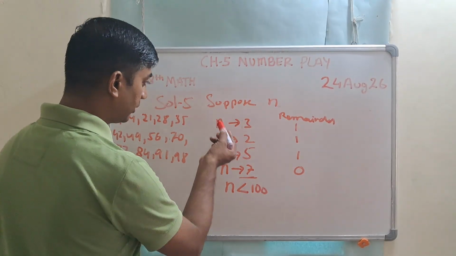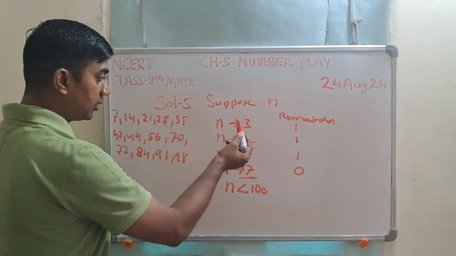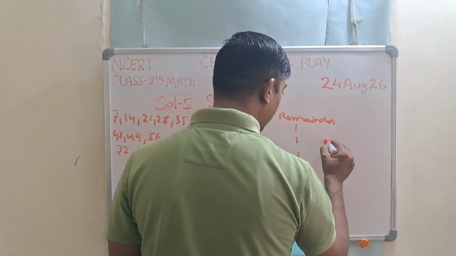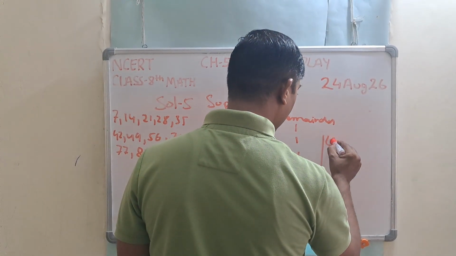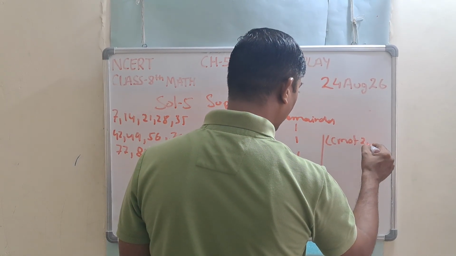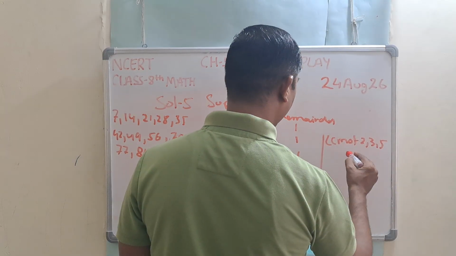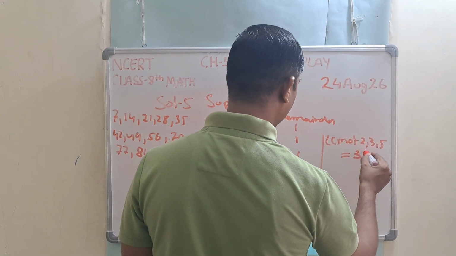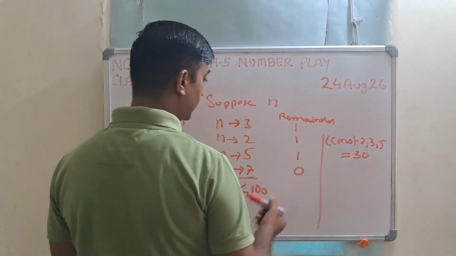Now we will find the lowest number which is divisible by 2, 3 and 5, that is the LCM of 2, 3 and 5, which is 30. Understood? Now this is the number.